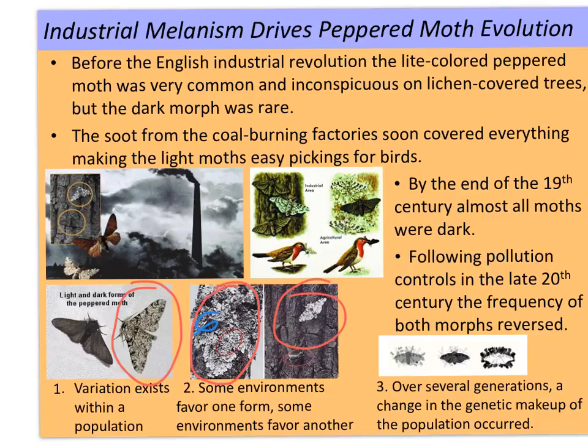And eventually a guy named Kettlewell in the 1950s, much later, did an experiment with birds and with moths, putting out dark ones in areas where there was light tree bark and the other way around, and showed which ones were getting eaten by birds. And it was also remarked by researchers during the 19th century, including around the time of Darwin, about the increasing frequency of those dark-colored morphs.